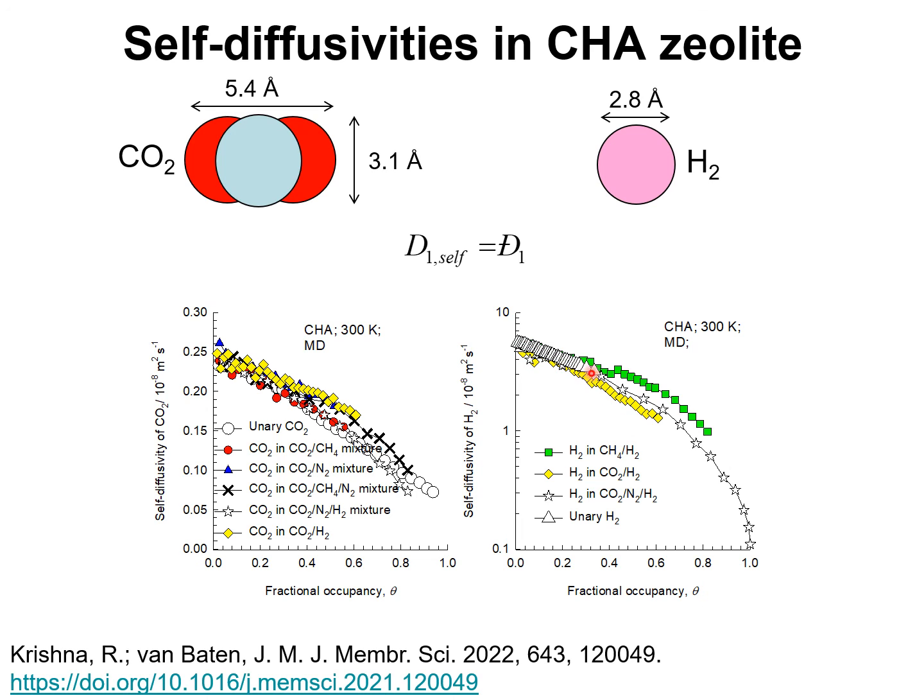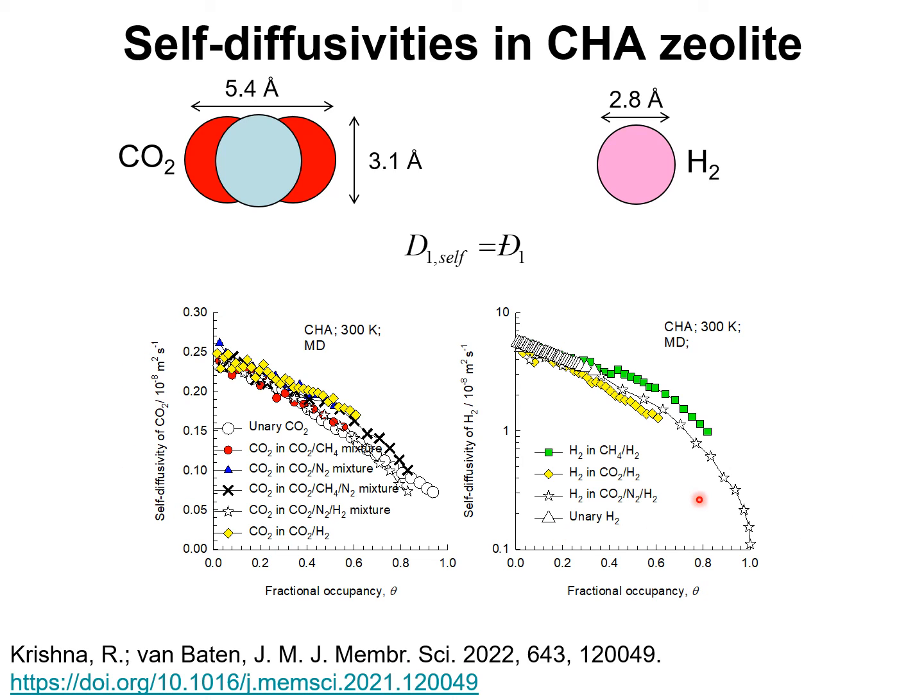The open triangles are the unary self-diffusivities of hydrogen, and the self-diffusivity of hydrogen in a binary or a ternary mixture has the same magnitude as this unary self-diffusivity, provided the comparison is made at the same fractional occupancy.